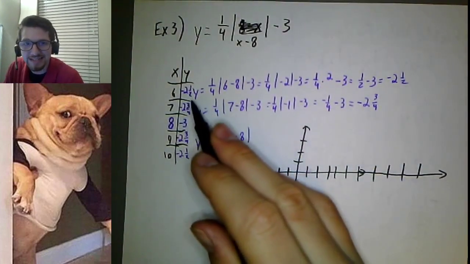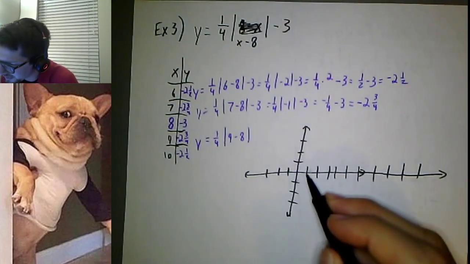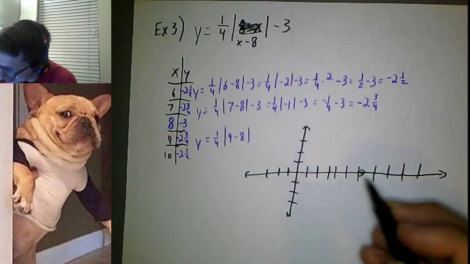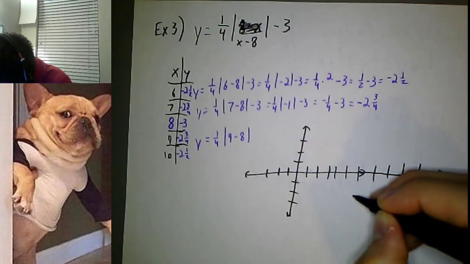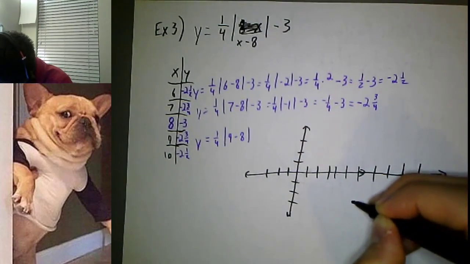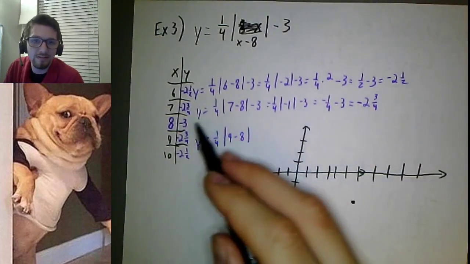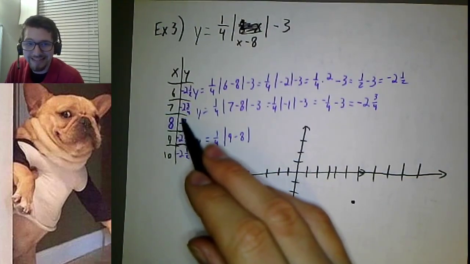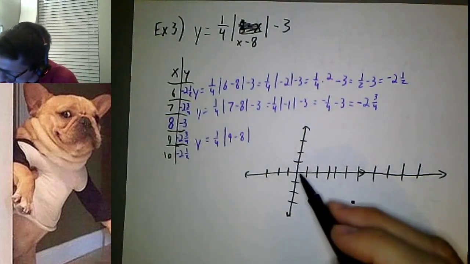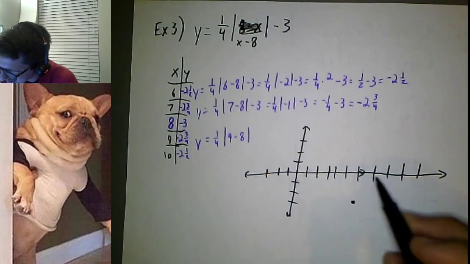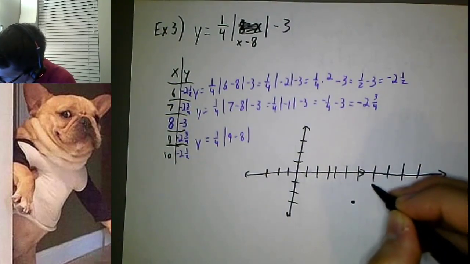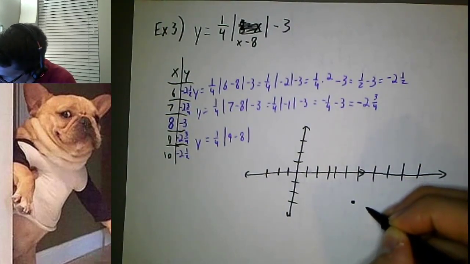Over 6, down 2.5. 1, 2, 3, 4, 5, 6, down 2.5. Over 7, down 2 and 3/4. 1, 2, 3, 4, 5, 6, 7. Down 2 and 3/4. So a little past 1/2.